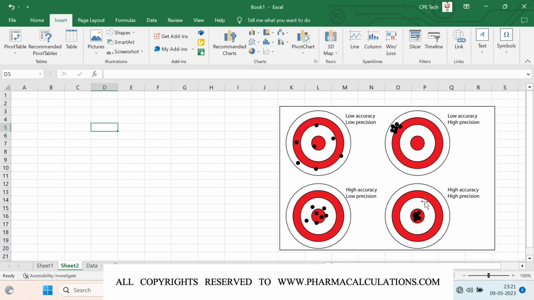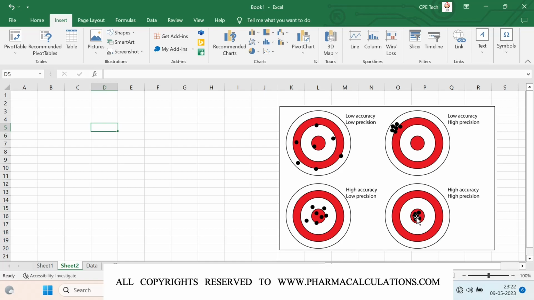In the first board, all the data points, represented by the black dots, are centered. All the black dots are placed at the center of the board. That means there is no difference between the ideal value and the data points. So from this we can say the data points are accurate.